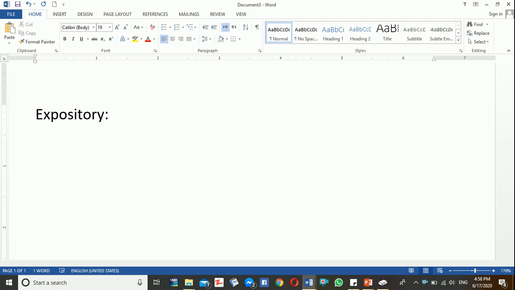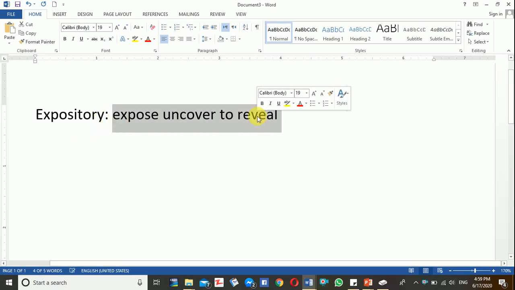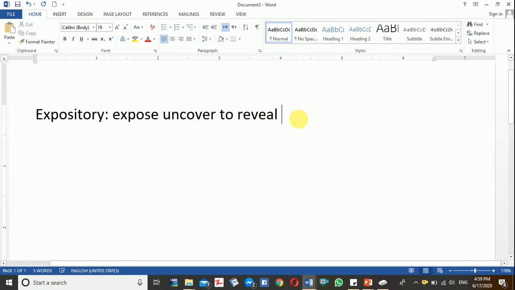Expose actually means to uncover, to display, to exhibit, to reveal. So these are the meanings. From the name explanation we understand that expose means to reveal, to show, to uncover something. Suppose there is a topic, there is something hidden, and then you expose it. So that's one meaning of the word expository, right?